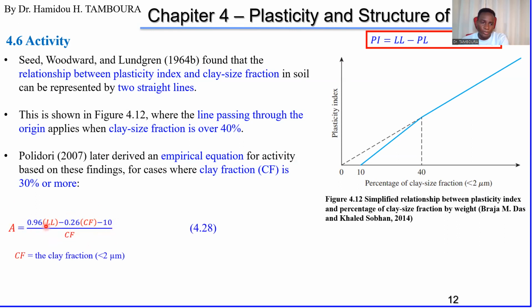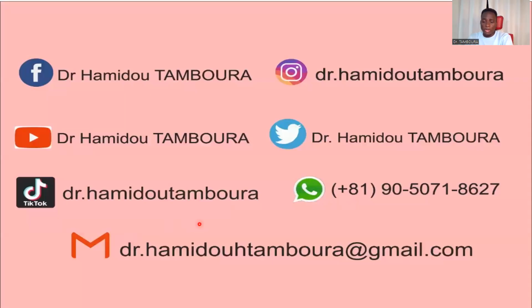And this is the equation they have proposed: 0.96 multiplied by liquid limit, minus 0.26 multiplied by CF, the clay fraction size, minus 10, and divided by CF again, the clay fraction. Okay, I think that's all. Finish.